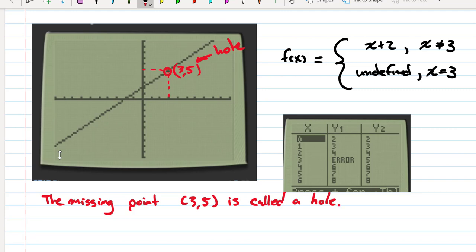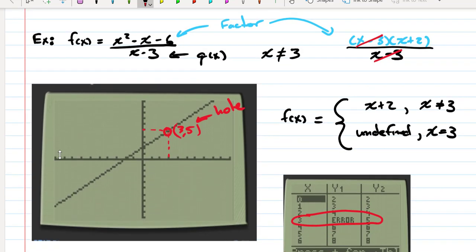All right, so I don't want to keep going down this rabbit hole right here, but if you ever needed to find a hole, that is how you would be able to do so. You would simplify the function, reduce out anything you have, and then compare it to your original function. So essentially in a graph, what happens at a hole? Instead of getting a vertical asymptote, our graph looks complete.